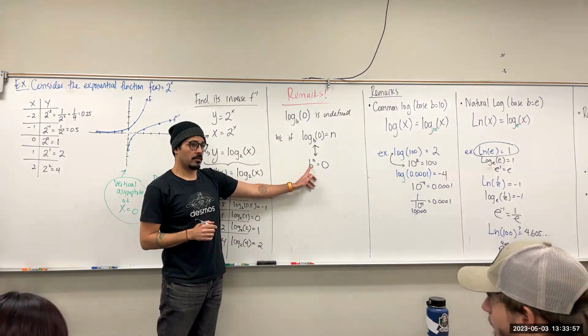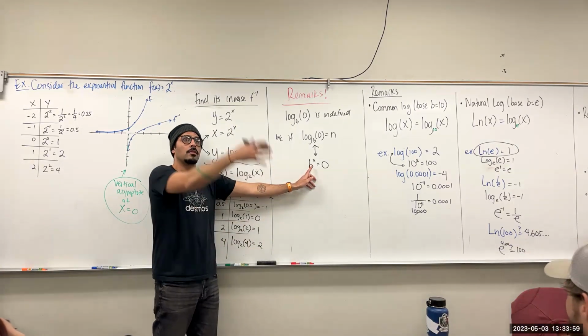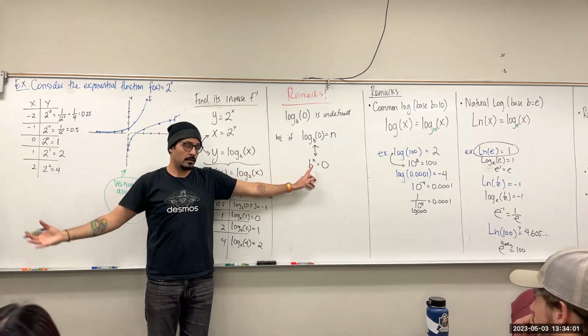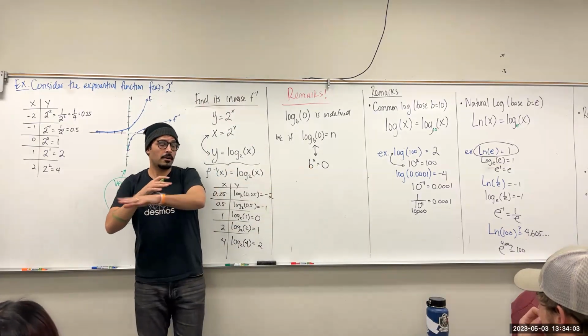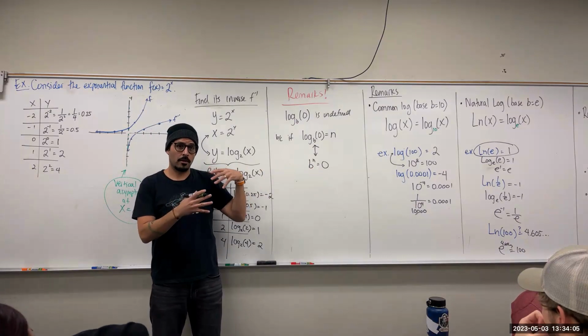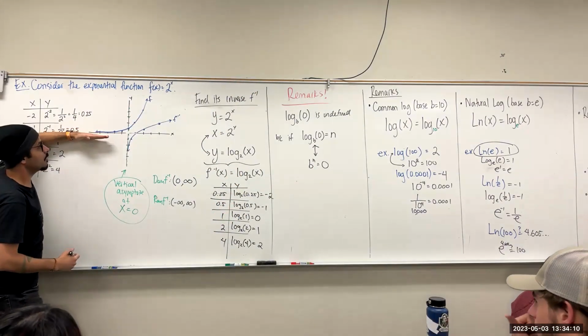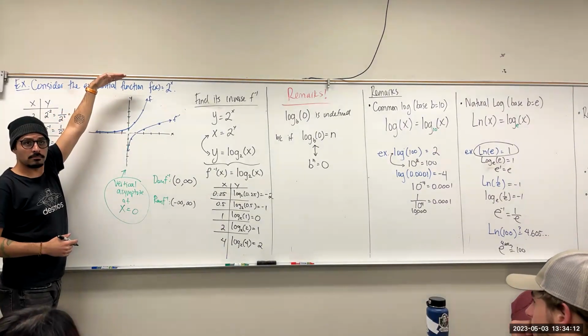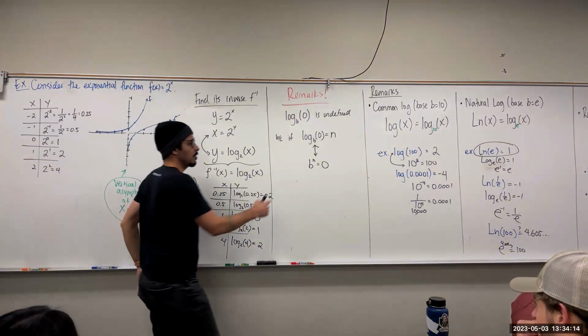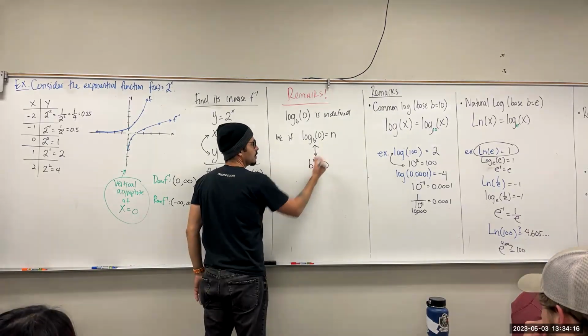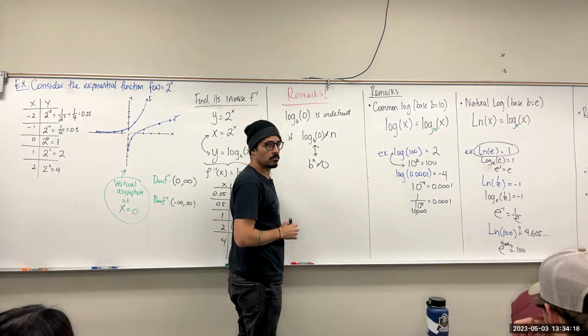But this will never be 0. You would use the knowledge you used on Monday. Exponential functions, some base to a number, will never be 0. They're always above the x-axis. And so this can never be zero, so then this can't equal a number.